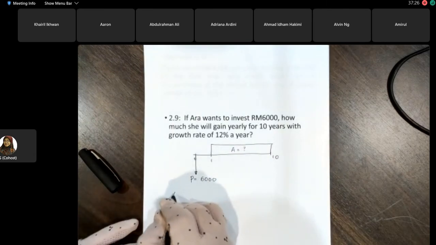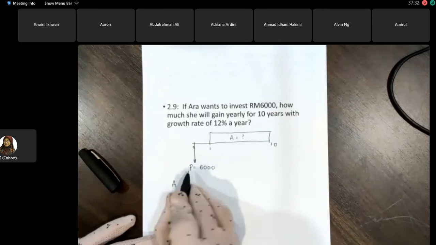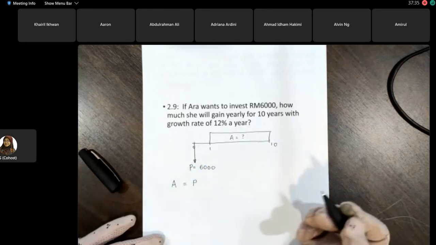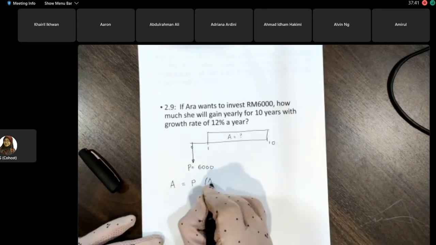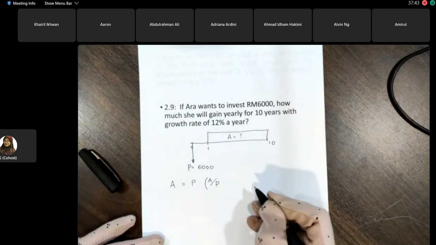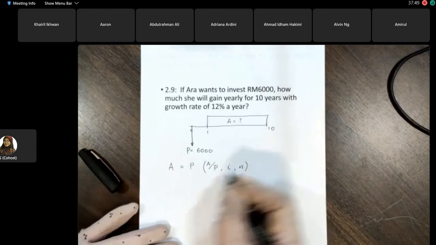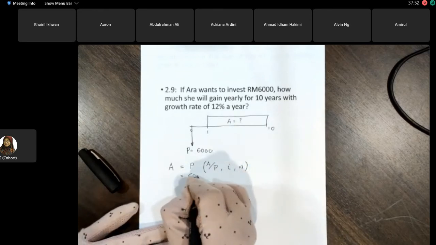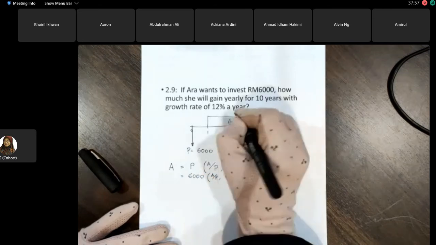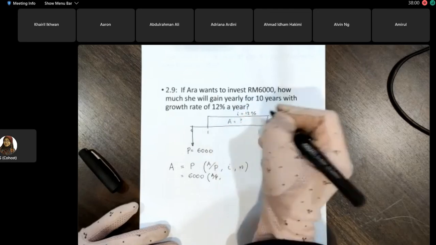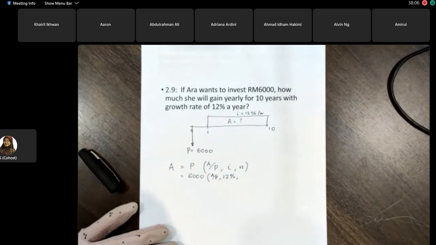First you need to write down the step. A equals P times A over P, where P is 6,000, i is 12% per year, and n is 10.